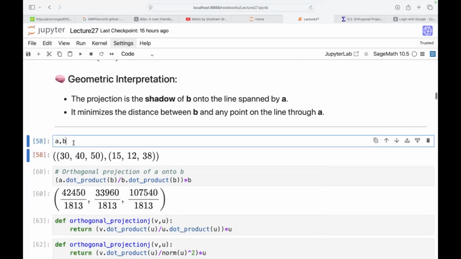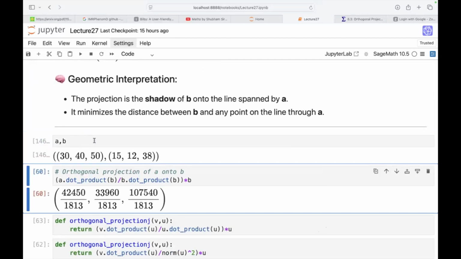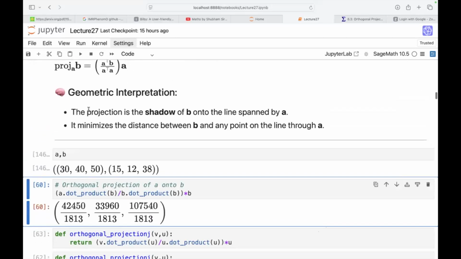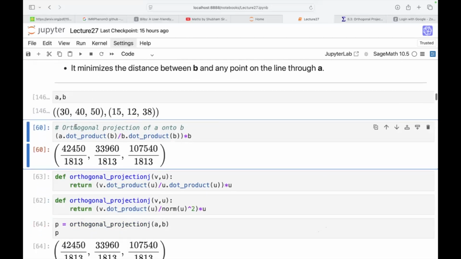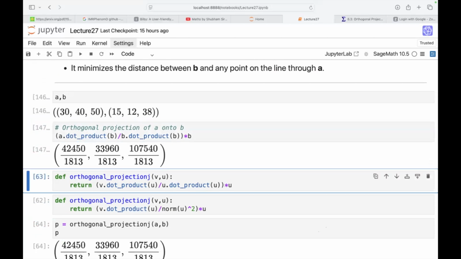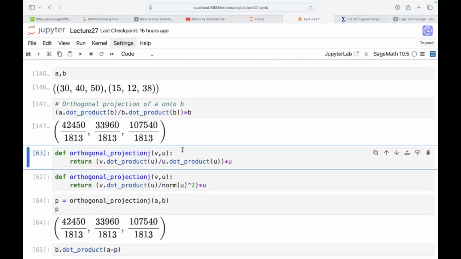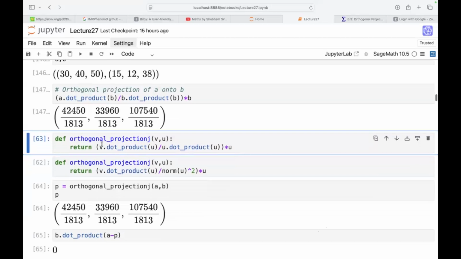The evaluation of the projection of A comma B is different. The second is the orthogonal projection of A onto B. Basically it is the A dot product B over B dot product B, times the whole B. In the whole part we can define the value with the dot product. Also in Python, we use the basic definition as a function.